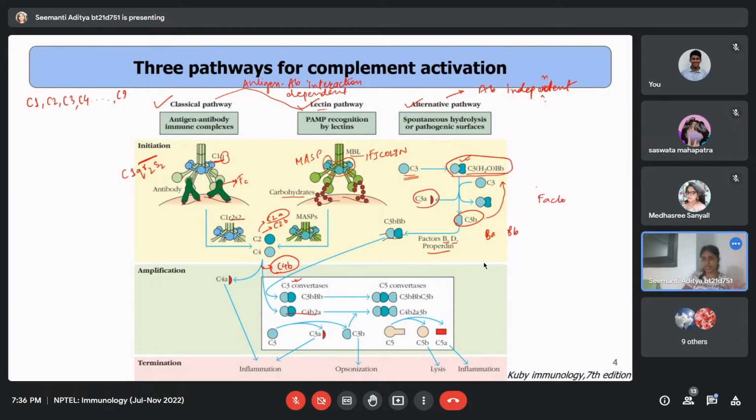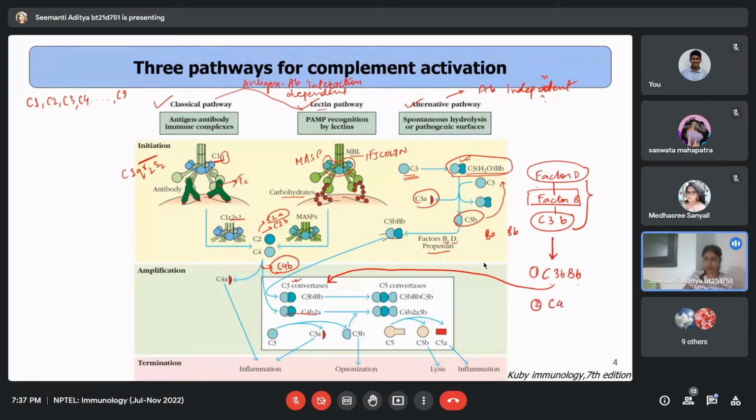Factor B binds to C3b, and on top of that there is factor D, and all these proteins are required to keep this complex together. This results in the formation of C3bBb. This C3bBb is also a C3 convertase.